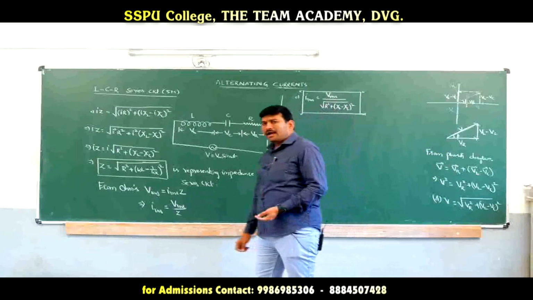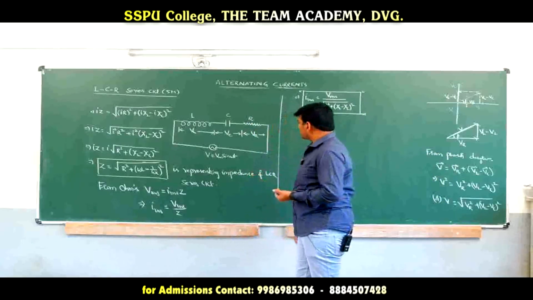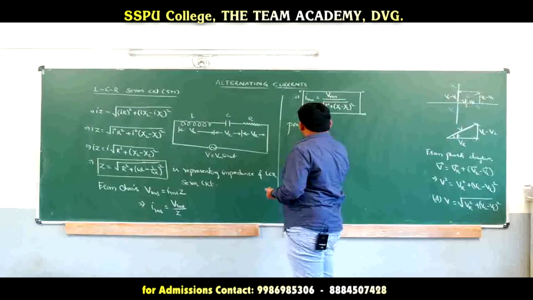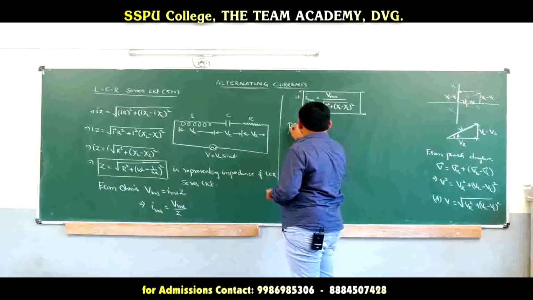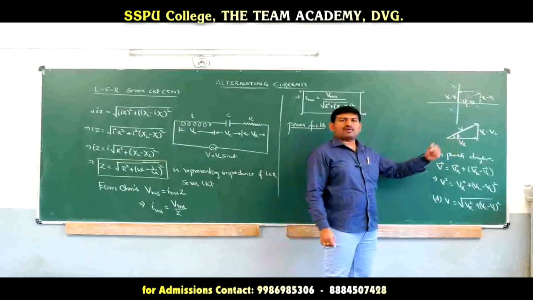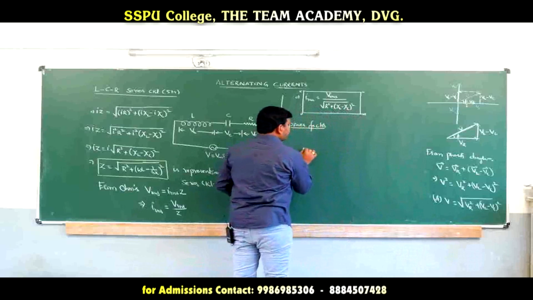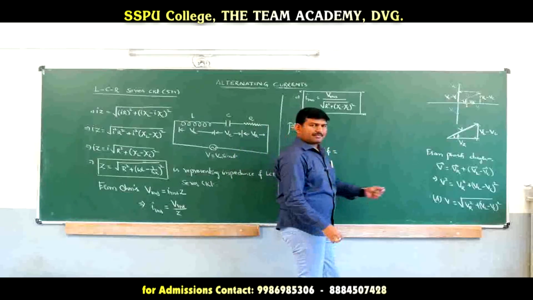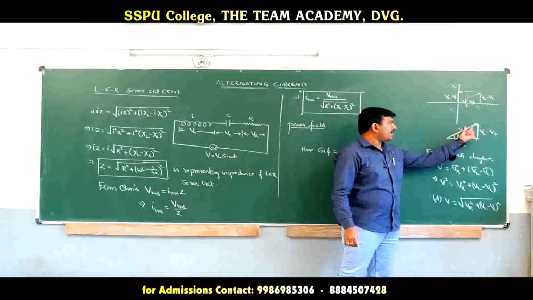And here we have to learn one more thing, that is called power factor. What is power factor? From this triangle, what is the value of cos phi? Cos phi is adjacent side divided by hypotenuse.